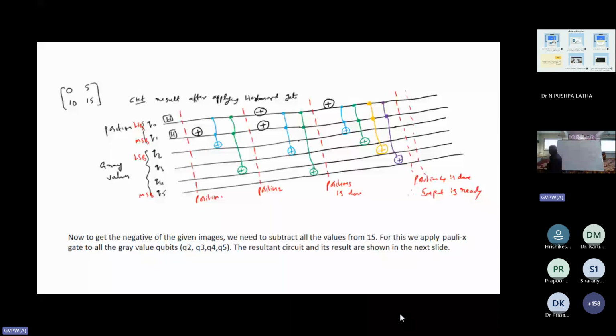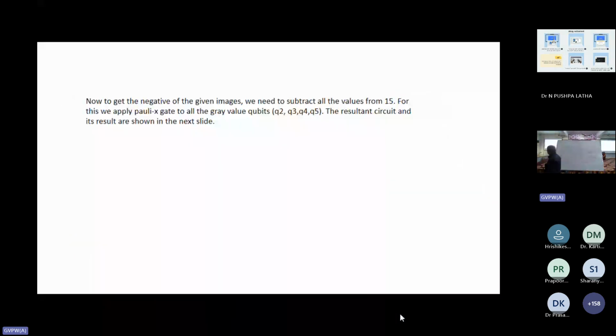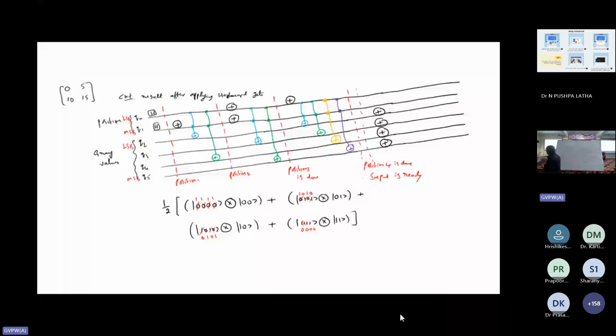So now the same thing can be implemented by using this IBM environment. The circuitry is drawn. Then to get the final result, we need to apply NOT gates. When I apply NOT gates on this one, now what happened here? 0 became 15, and this is 10, this is 5, and this is 0. So that is how we made 0, 5, 10, 15 into 15, 10, 5, 0.